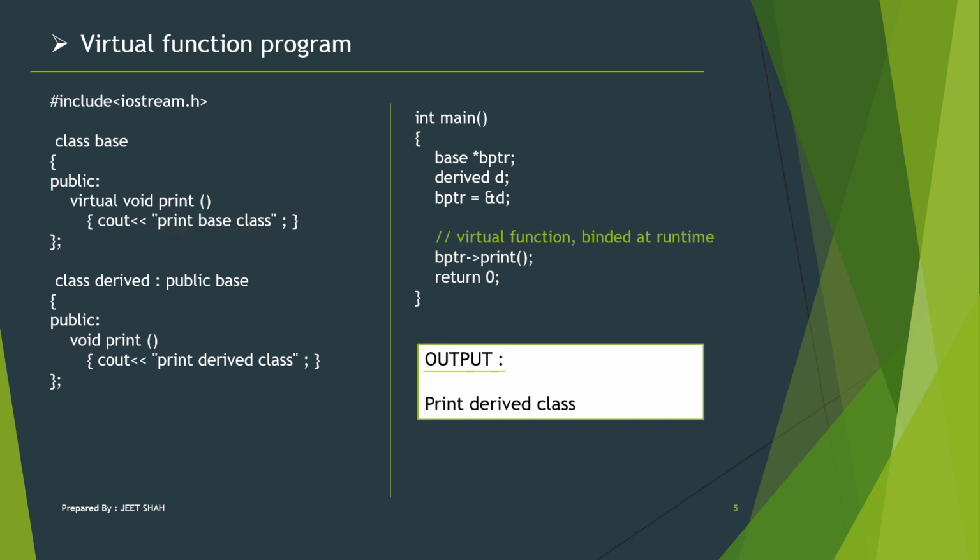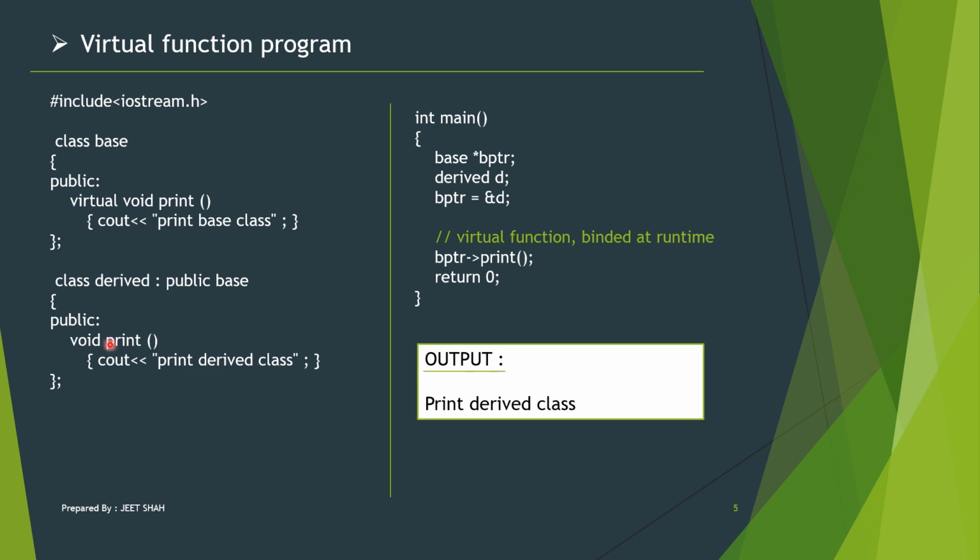Now we derive the base class Base publicly in the derived class. Under the public section of derived class, we have the same function print as it was in base class, but it has a different statement which says cout print derived class.